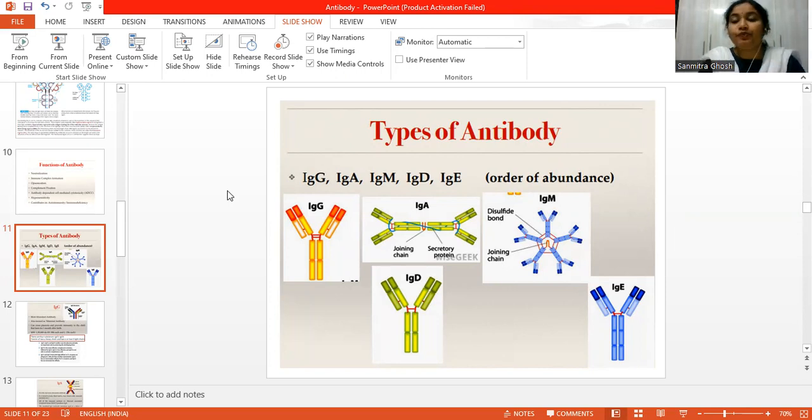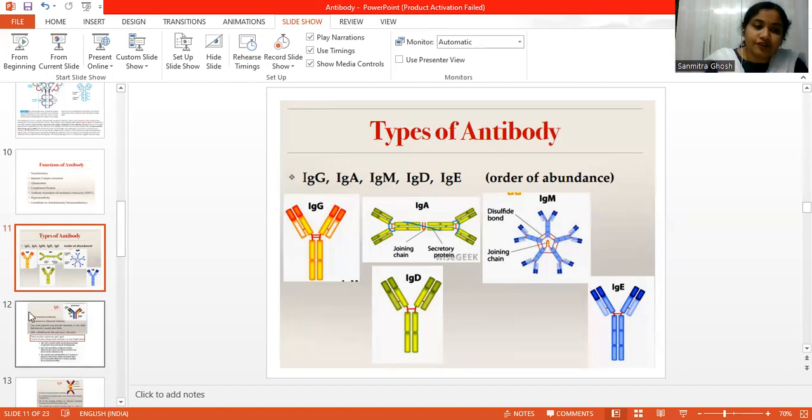And here they have been categorized based on their relative amount in the circulation of a normal healthy individual. So we have the IgG, IgA, IgM, IgD, and IgE. And today also we will be learning in detail about these immunoglobulins according to this particular chronological manner.